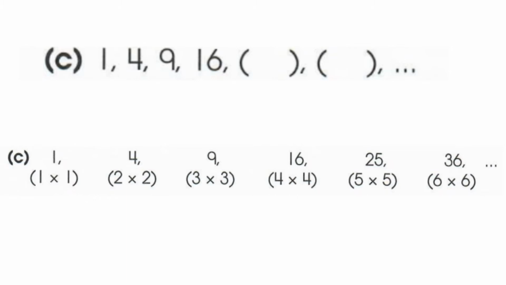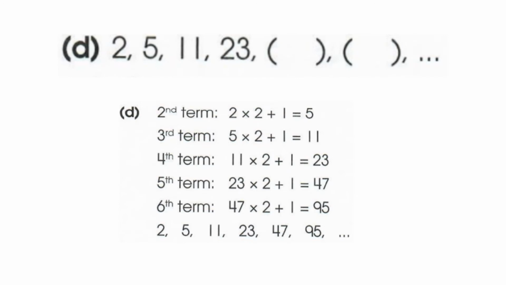So for our next missing numbers, we would be using multiples of 5 and multiples of 6. So 5 times 5 would be 25, and 6 times 6 would be 36. And continuing this number pattern, we would be using 7 times 7 to get 49.